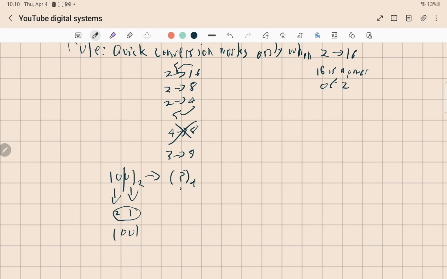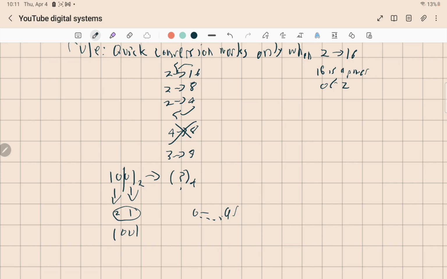But anyways, okay. So let's say we have a bigger word. Let's say I want to do from base 16. I also forgot to mention that there's base 16. So base 16 is 0 up until 9.